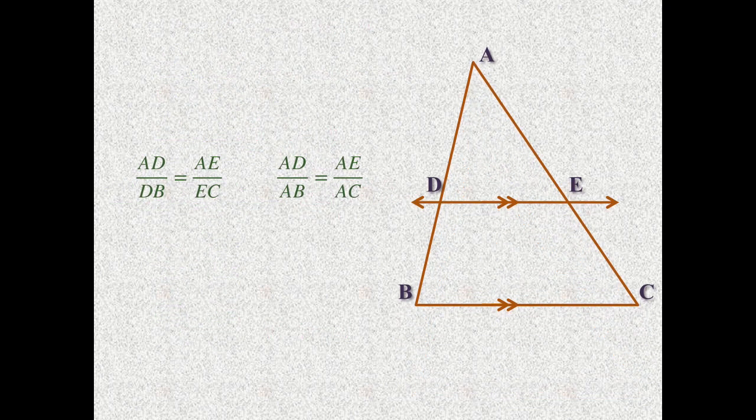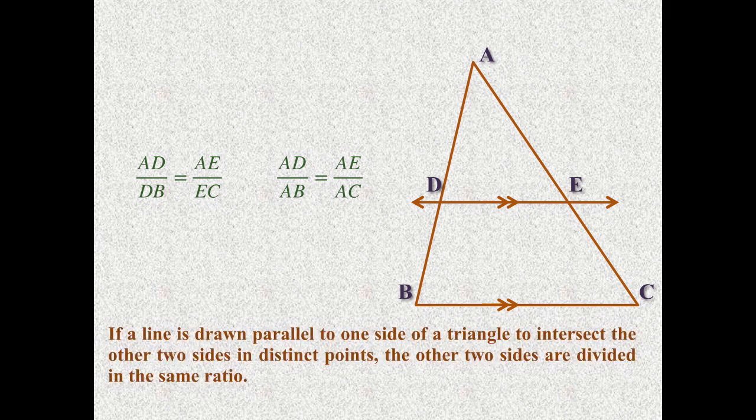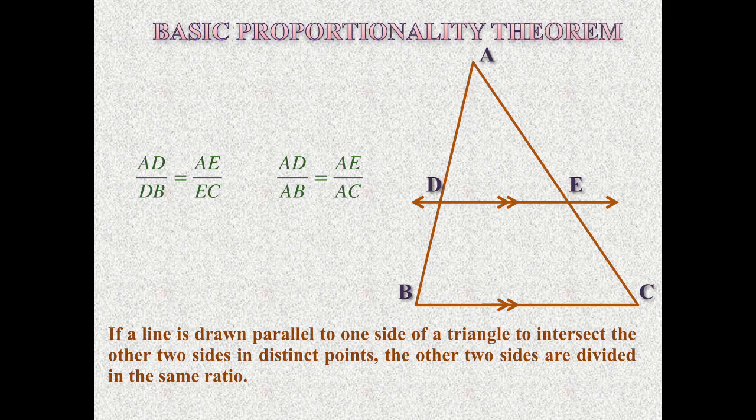Thus, if we have a line drawn parallel to any one side of a triangle intersecting the other two sides at two distinct points, then those two sides are divided in the same ratio. Hence, the basic proportionality theorem is proved.